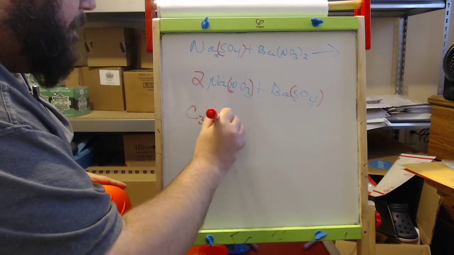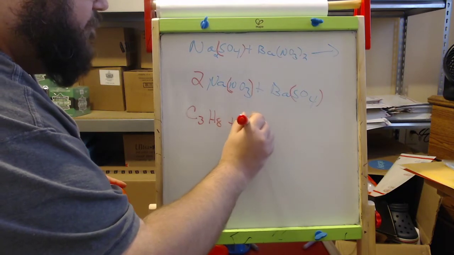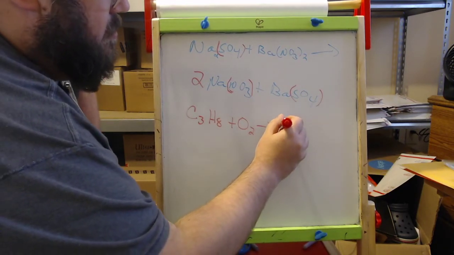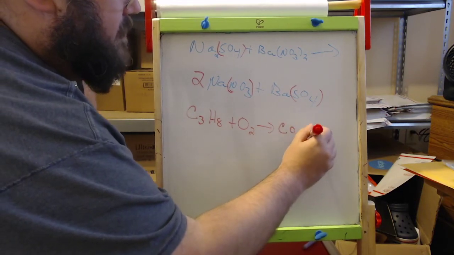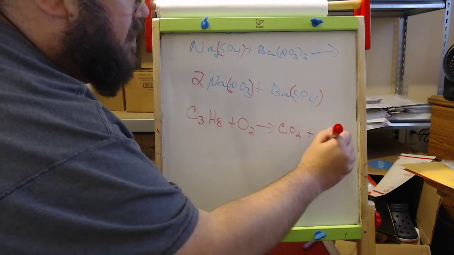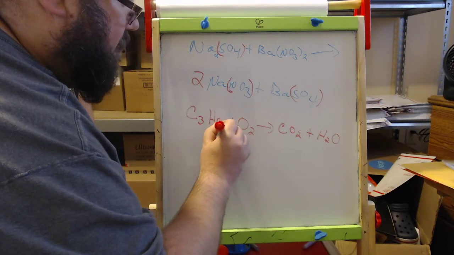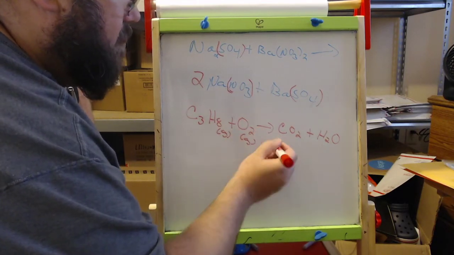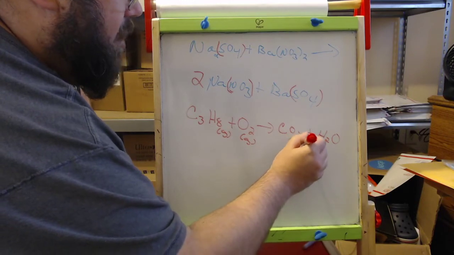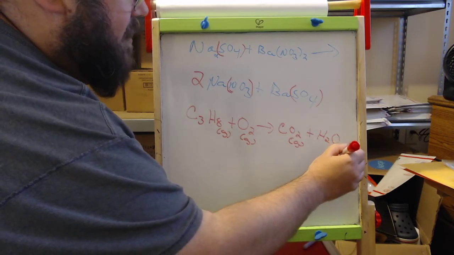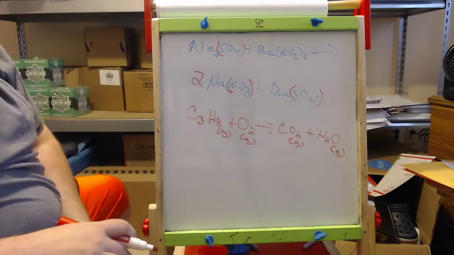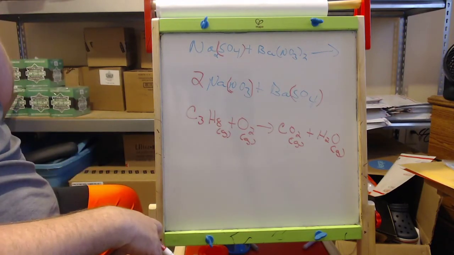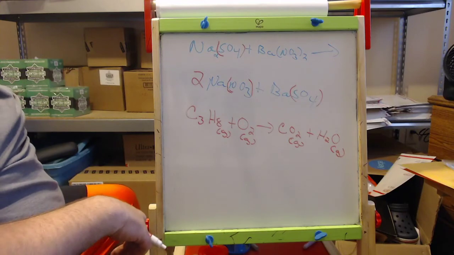C3H8 plus O2 yields CO2 plus H2O. Now, what you might also see are little subscripts: g meaning gas, l meaning liquid, s meaning solid, and aq meaning aqueous, which means it's dissolved in water, and we'll talk about that in Chapter 4 on Wednesday.